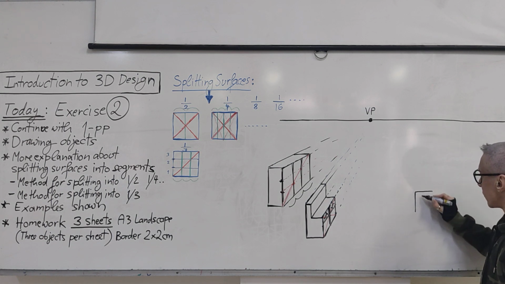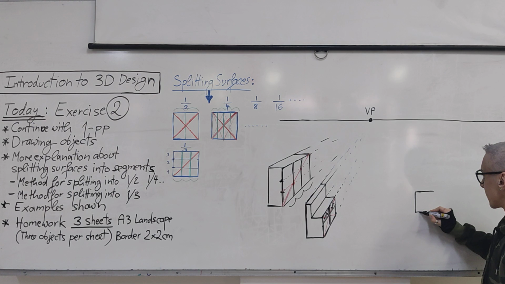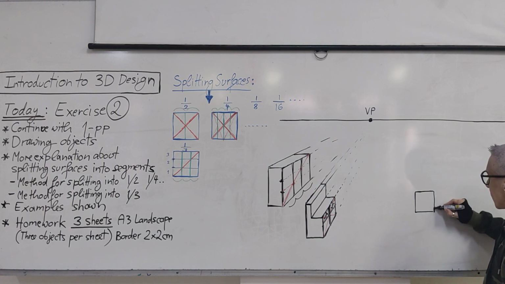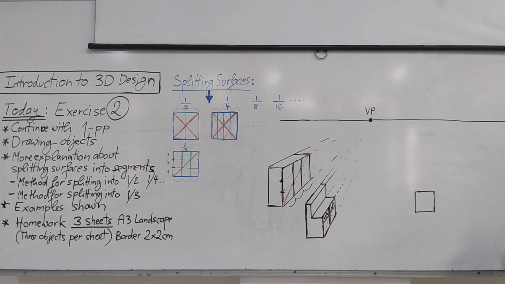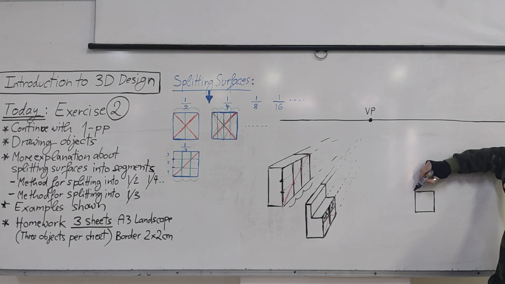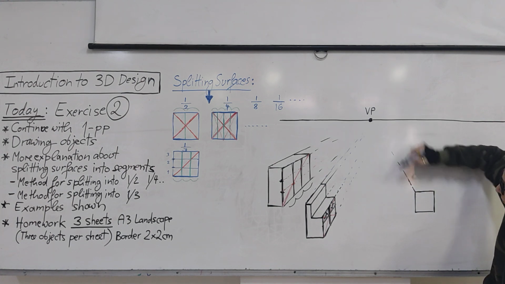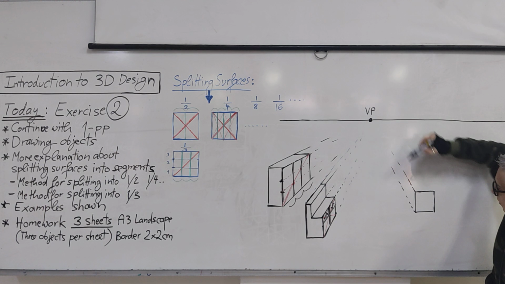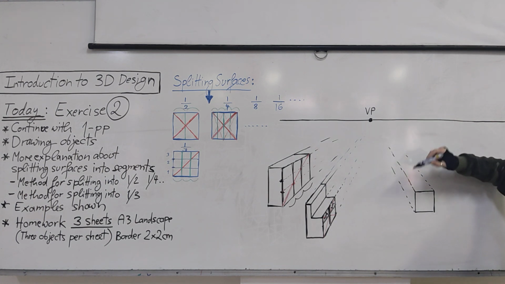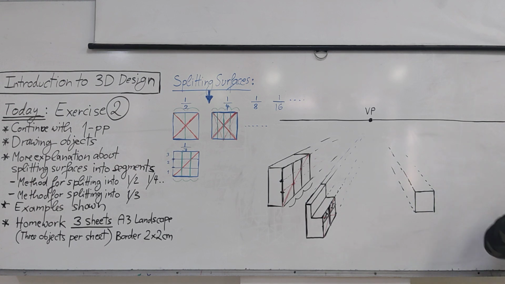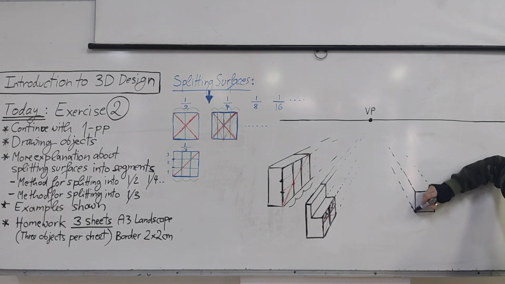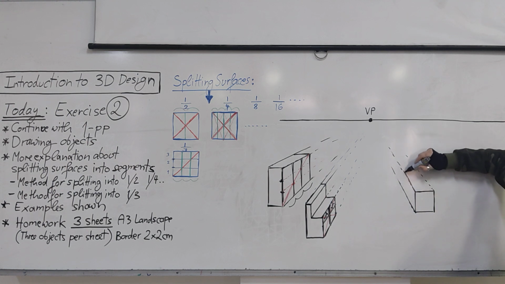So we will start with the surface again. And we will take these corners to the vanishing point. Now let's say I don't really know what I will draw exactly. Okay, so I'm starting with something very simple, and I'm taking this to the vanishing point.